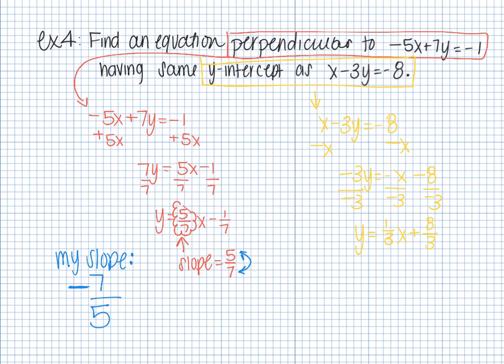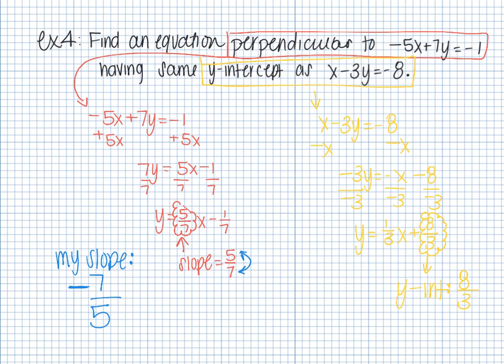So there's my equation, and remember the question, referencing back to the question, says having the same y-intercept as that. Well, here is my y-intercept. And the y-intercept, it says the same, not perpendicular or anything like that. So it's the same y-intercept.